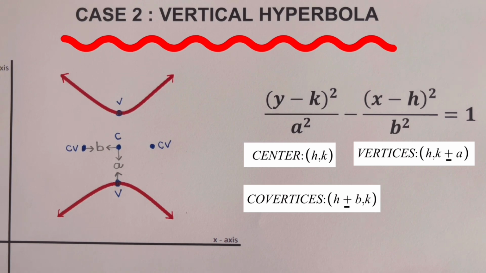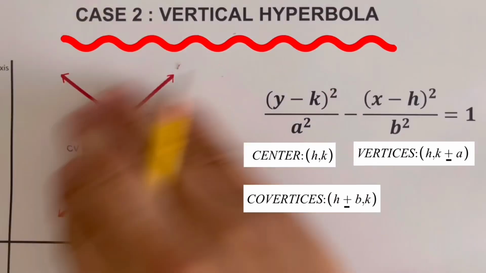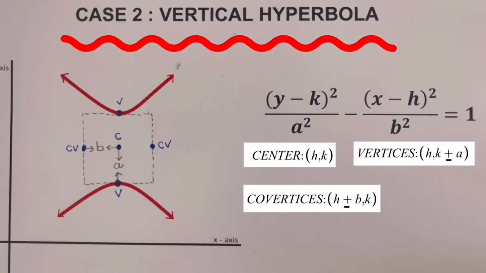This vertical hyperbola has two asymptotes. In order that we can easily sketch the asymptotes, we are going to draw a rectangle that passes through the two vertices and the two co-vertices. The two asymptotes for a vertical hyperbola pass through the corners of this rectangle, passing through the center.